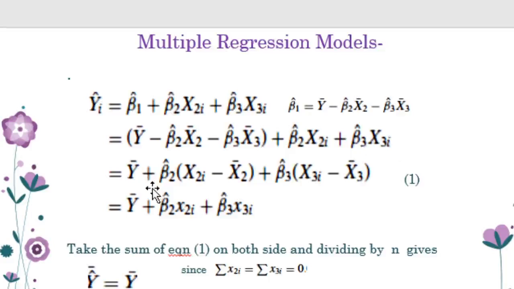Then this can be rewritten as y bar plus beta 2 cap into x2i minus x2 bar plus beta 3 cap into x3i minus x3 bar.